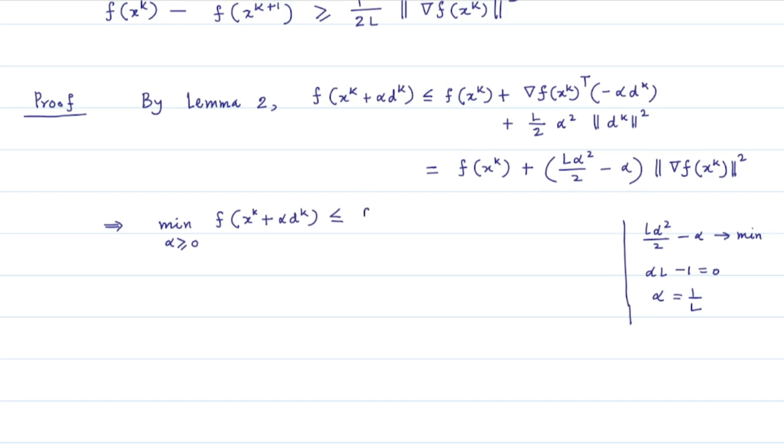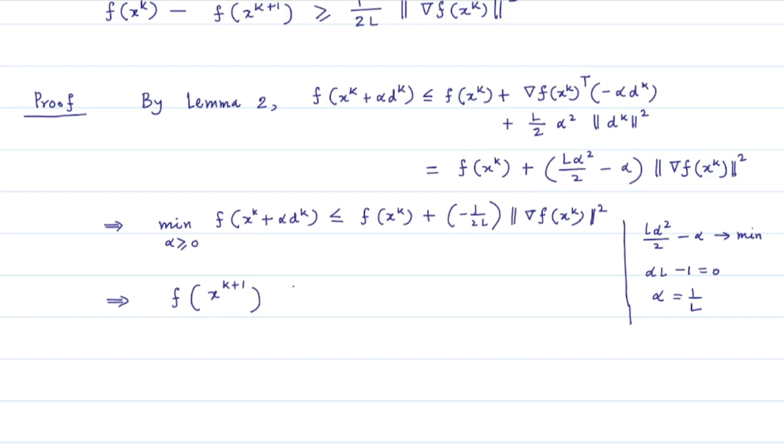And hence, you will have on the right hand side f(xk) plus, at alpha equals 1 upon L, minus 1 by 2L times the square of the norm of gradient of f(xk). Here I must mention that I have taken gradient of f(xk) because dk in the steepest descent direction is negative gradient. When we consider taking the minimum of this function over alpha greater than or equal to 0, we note that we get the point xk plus 1 given by the steepest descent method.